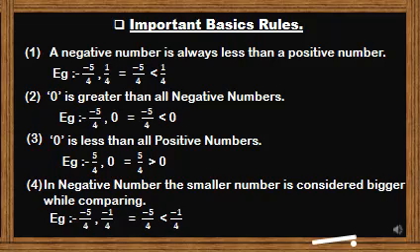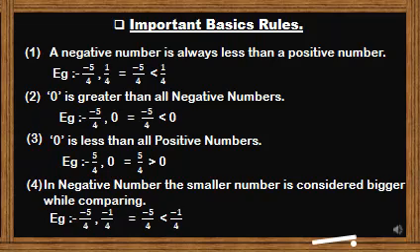Here minus 5 upon 4 is negative and 1 upon 4 is positive. 5 is greater and 1 is less, but this statement says that a negative number is always less than a positive number. Means minus 5 upon 4 is less than 1 upon 4.